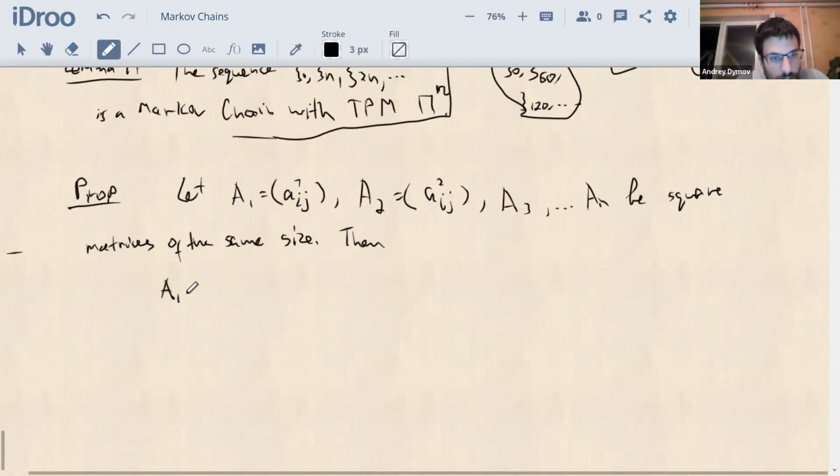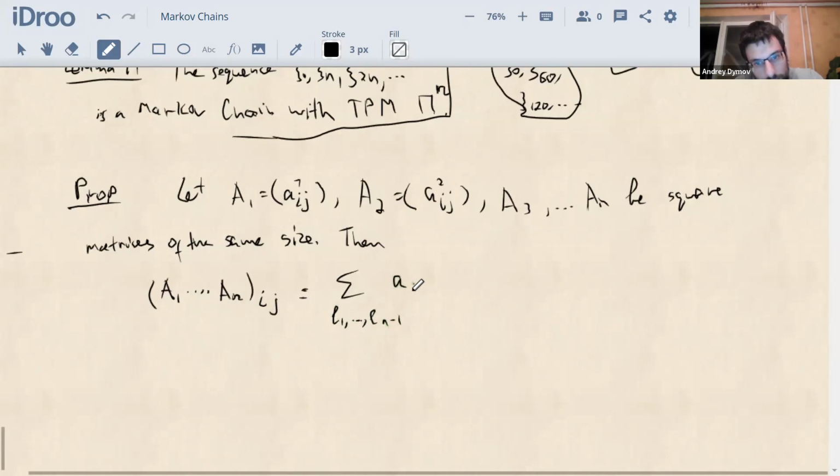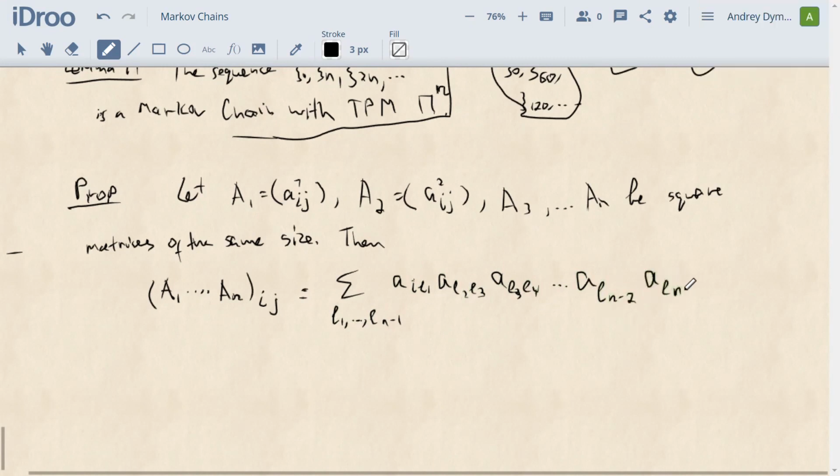If I wish to compute their product and take its element number ij, then this is just the sum over all L1, up to L_{n-1}, of A_{i L1}, A_{L1 L2}, and so on.